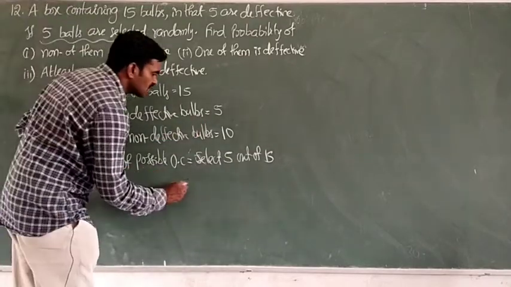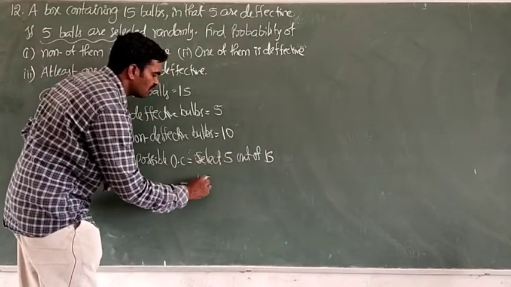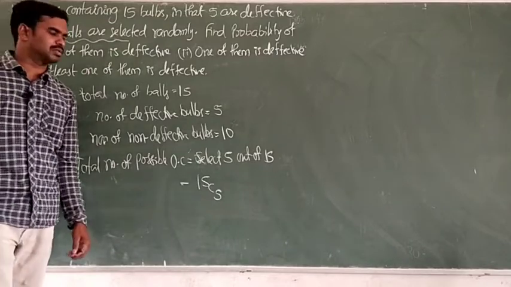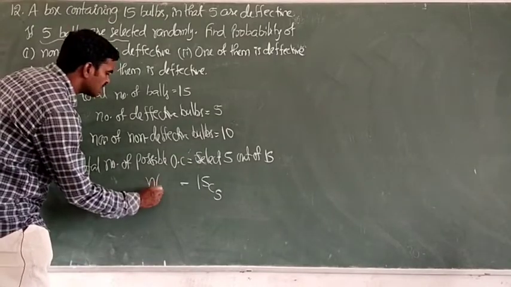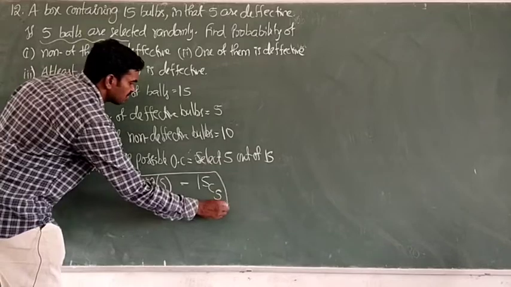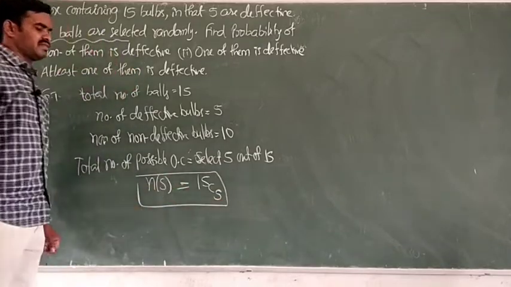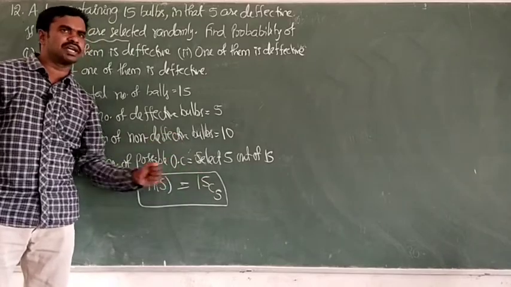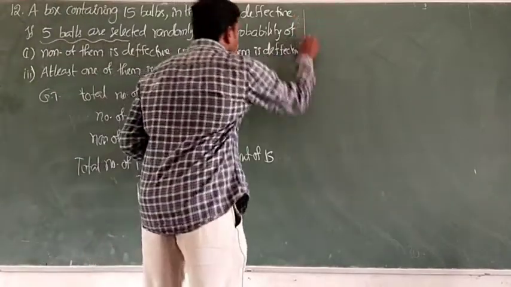How many are there? Select 5 out of 15 means what? 15C5. In permutation combinations we have done many problems in this way. So this we can consider as n of S, that is 15C5. So in every question this will be the denominator. Now take the one by one question.